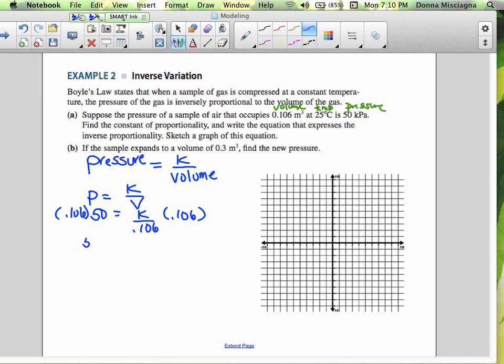So we have 50 times 0.106 is equal to K, and that means K is equal to 5.3.